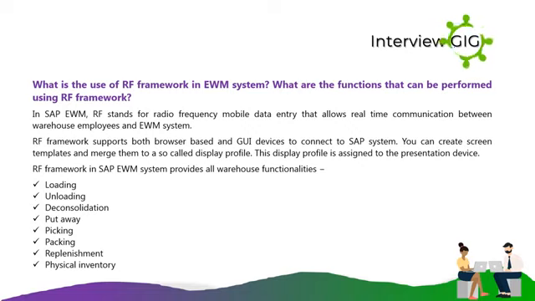This display profile is assigned to the presentation device. RF framework in the SAP EWM system provides all warehouse functionalities: loading, unloading, deconsolidation, put away, picking, packing, replenishment, physical inventory.